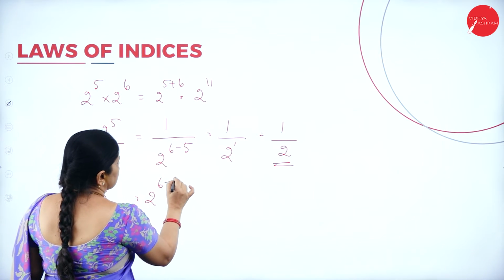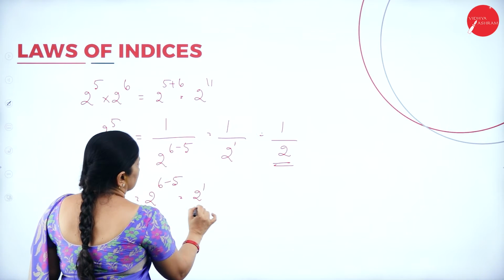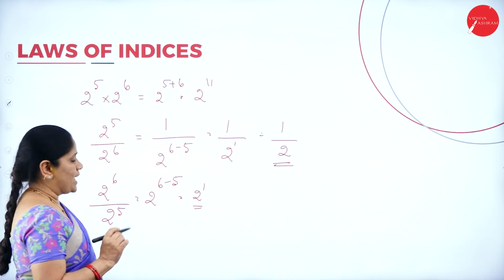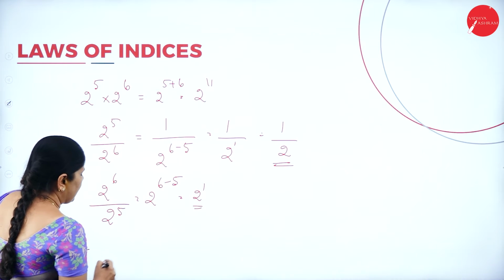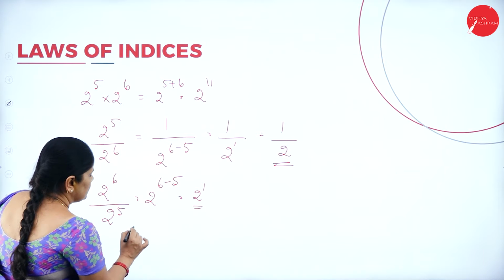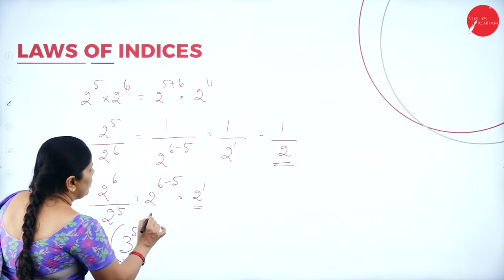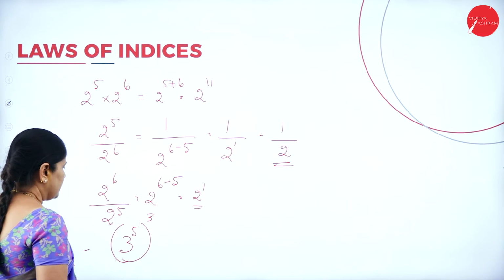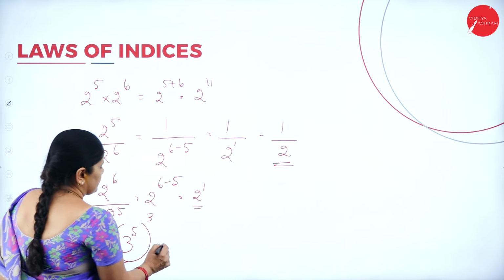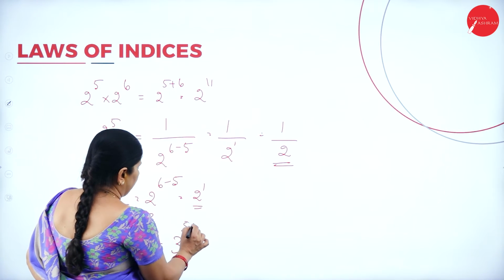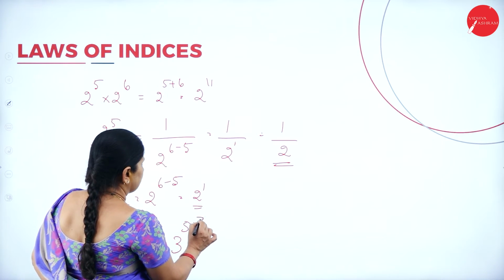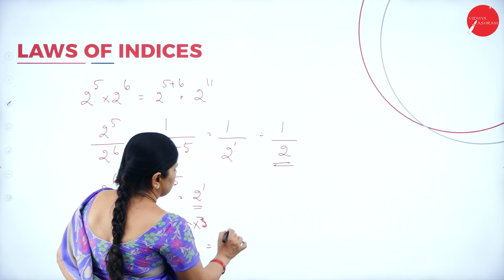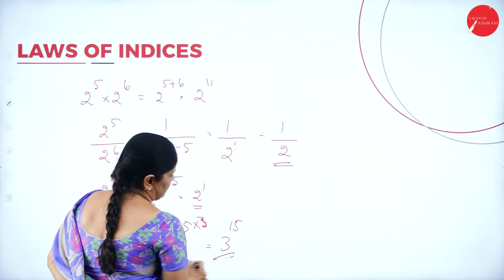This will be 6 minus 5, that is 2 to the power 1. Now, again, I have one more. 3 to the power of 5 whole to the power of 3. This is the third law. So it will be 3 to the power of 5 into 3, so this will be 3 to the power of 15.